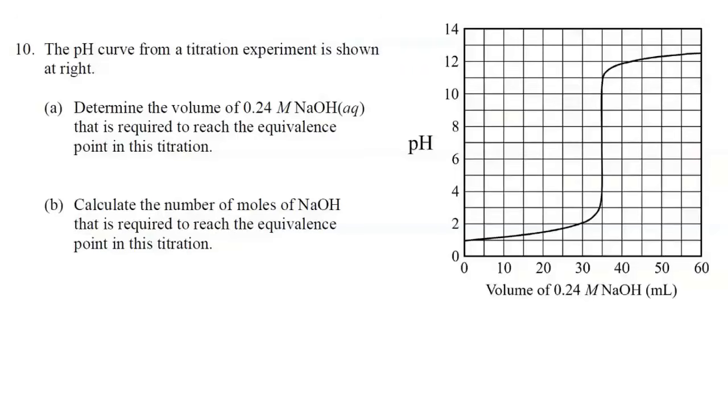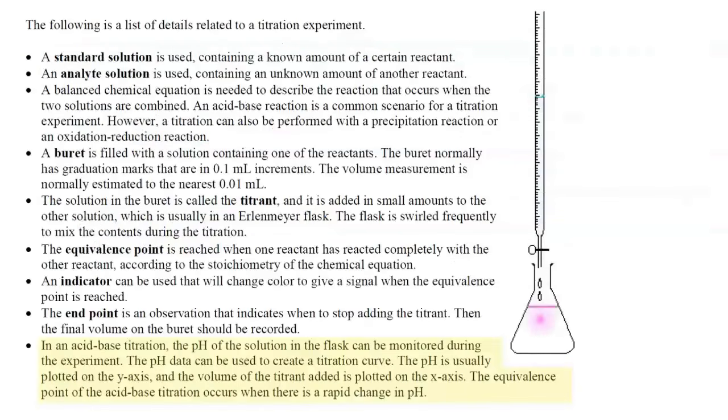Question 10. The pH curve from a titration experiment is shown at right. Part A, determine the volume of 0.24 molar sodium hydroxide that is required to reach the equivalence point in this titration. So what feature of this titration curve are we really looking for to figure out the equivalence point? Well, the last detail that I had mentioned is that the equivalence point of an acid-base titration occurs when there is a rapid change in pH.